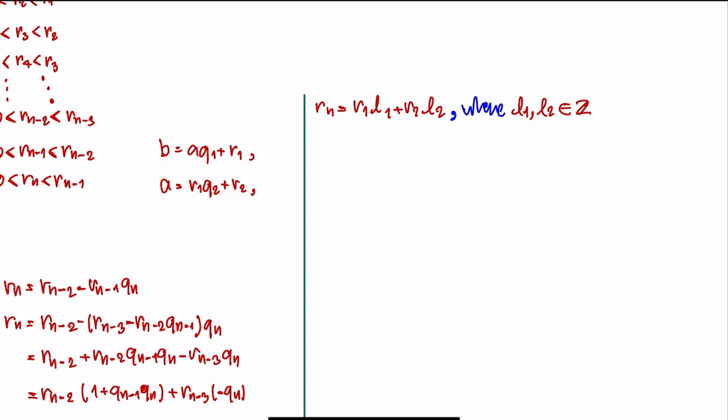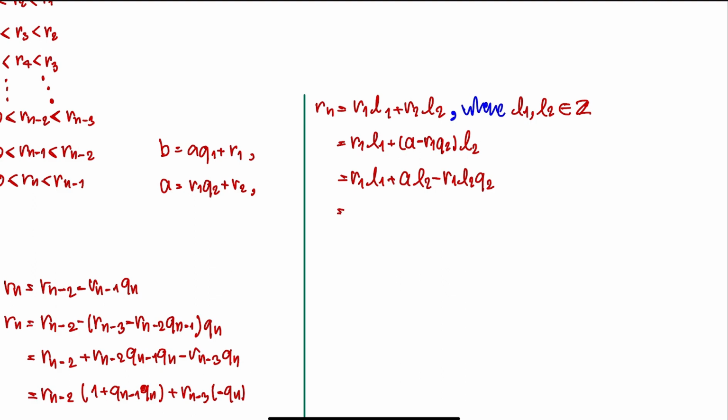So let me substitute R2 first. So we're going to have R1 L1 plus (A minus R1 Q2) L2. And then we're going to have R1 right here. So we're going to have R1 L1 plus A L2 minus R1 L2 Q2.